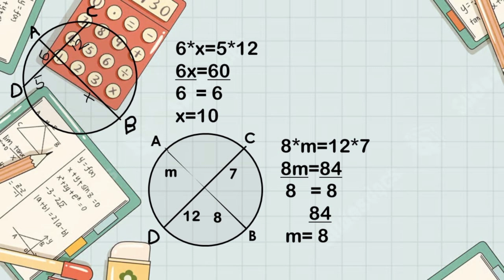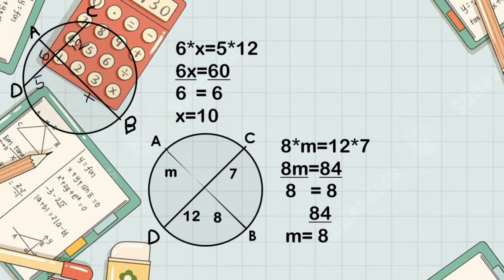For AB and CD, A is 6 and B is x, so 6 times x equals 5 times 12, or D times C. So 6x equals 5 times 12, which equals 60.